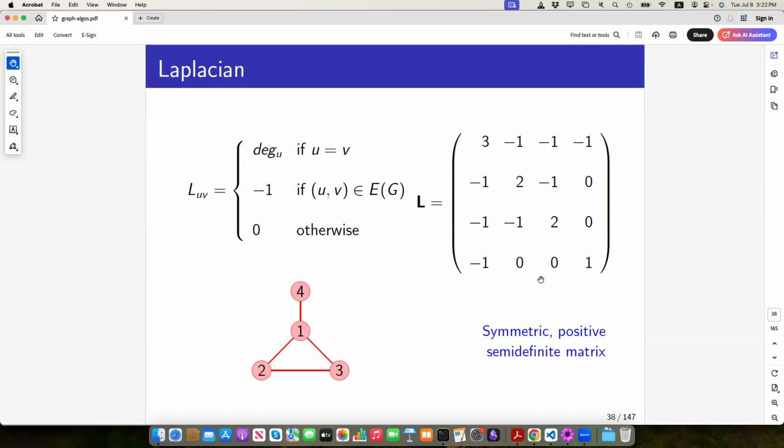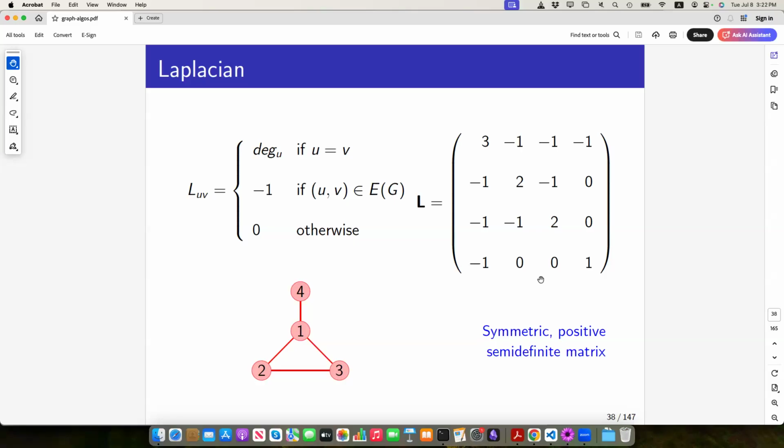In the diagonal of the matrix, you have the degrees of the nodes. Node 1 has degree 3, nodes 2 and 3 have degree 2, and node 4 has degree 1. Then in the off-diagonals, you have the opposite of the adjacency matrix. Wherever you have 1, you have -1. So you can see that the sum of the rows is equal to 0.